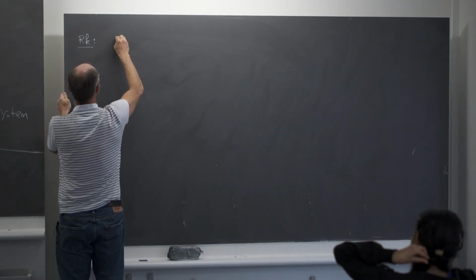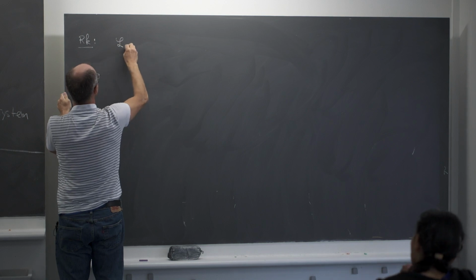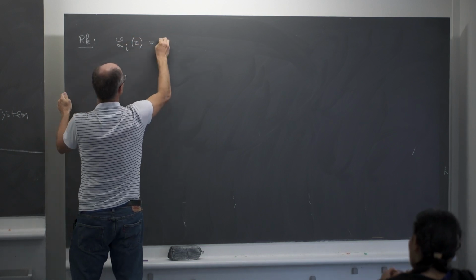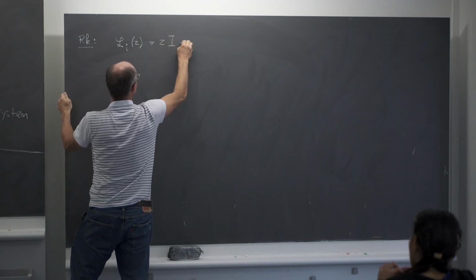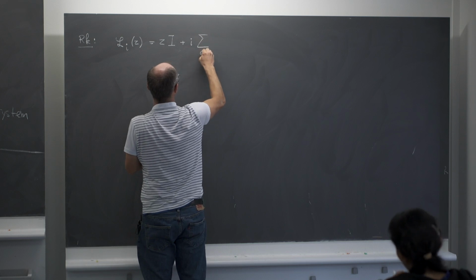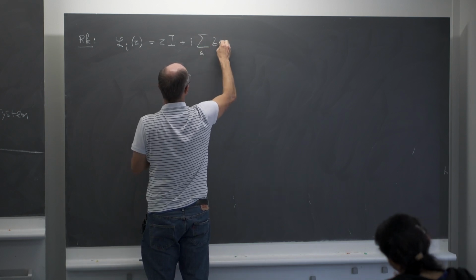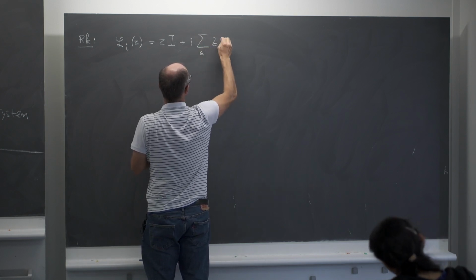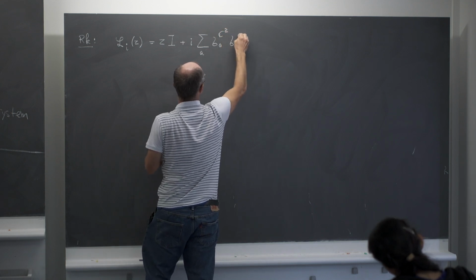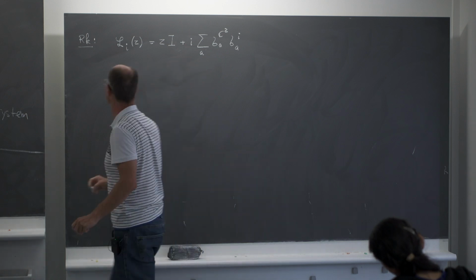So let me recall that Li of z is equal to z times 1 plus I, and here some array sigma a c2 sigma ai.